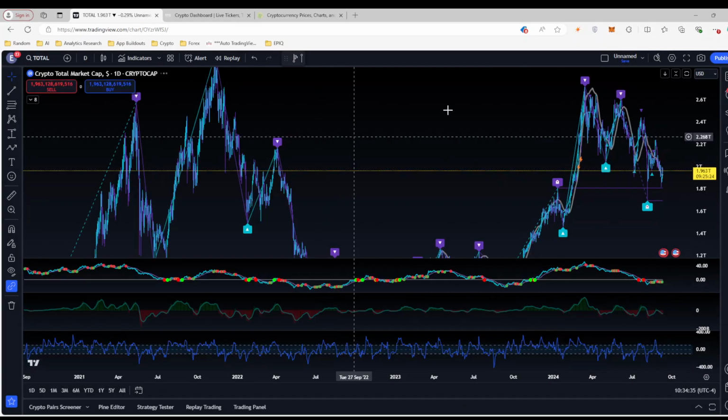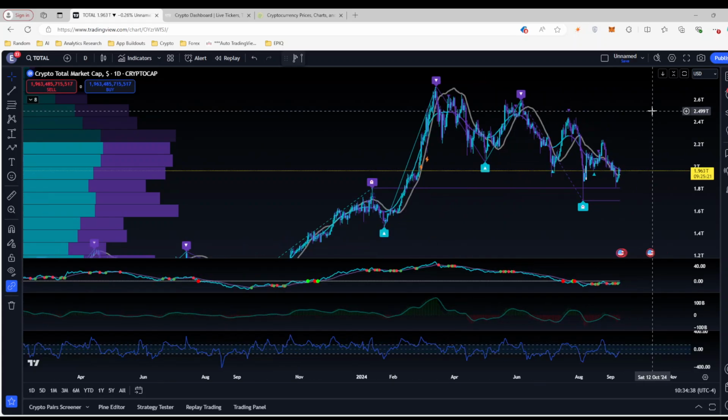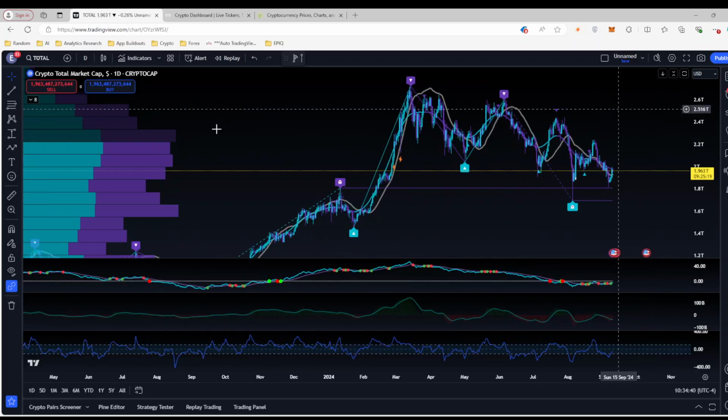Let's see how close I am. 1.96 is the actual number for total market cap in trillions. It would be safe to say that if Bitcoin was going to take a run or a move, don't crash on your computer.